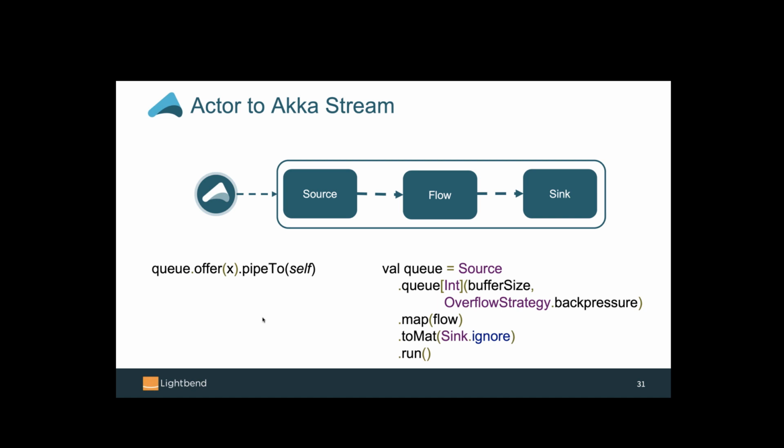And so as long as it's incomplete, the actor is not going to put any more elements into the stream. That now introduces backpressure from the stream into the actor. So the actor is basically getting a signal of whether or not it can put more work into the stream based on whether those futures complete.